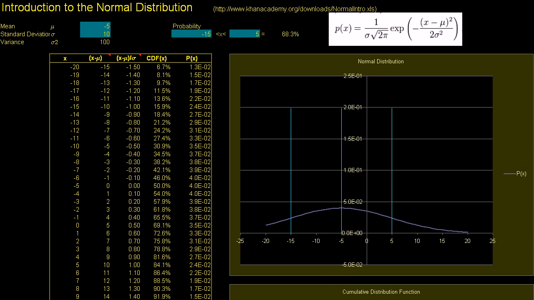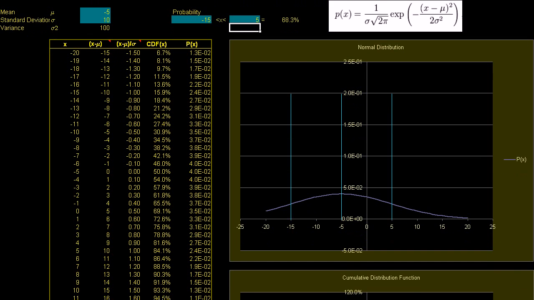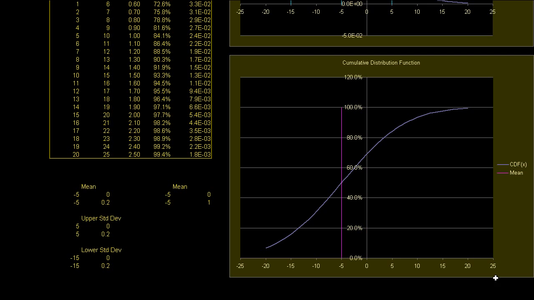So once again, that number represents the area under the curve here. This area under the curve. And the way you get it is with the cumulative distribution function. Let me go down here. Every time I move this, I have to get rid of the pen tool. So you evaluate it at +5, which is right here.